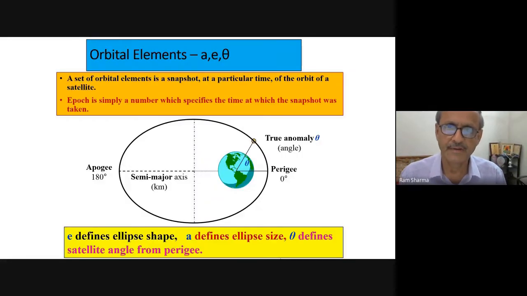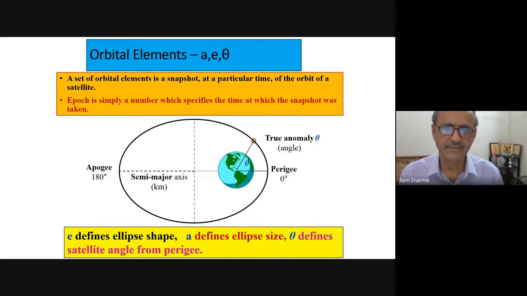Now the orbital elements a, e, and theta, that is semi-major axis, eccentricity, and true anomaly, we can define. You see the ellipse. So you see the focus. If it is a satellite of Earth, you can see the center of the Earth at one of the foci of the ellipse. And true anomaly is measured from there. Perigee is the minimum distance from the center of the Earth, and apogee is the maximum distance.